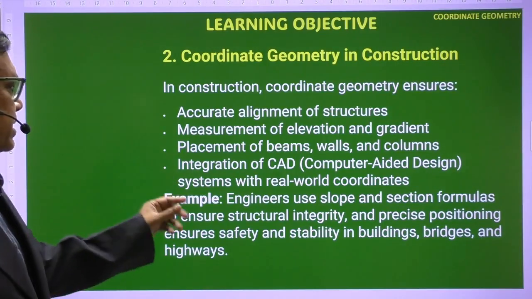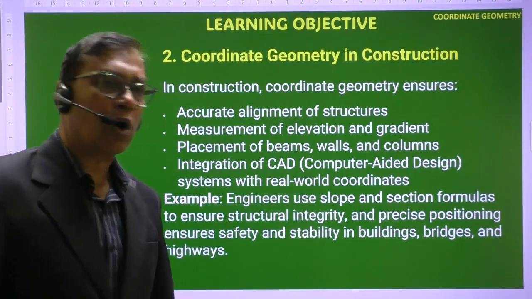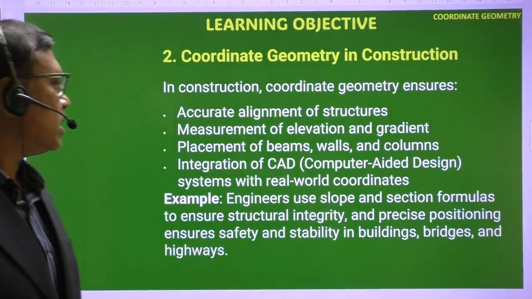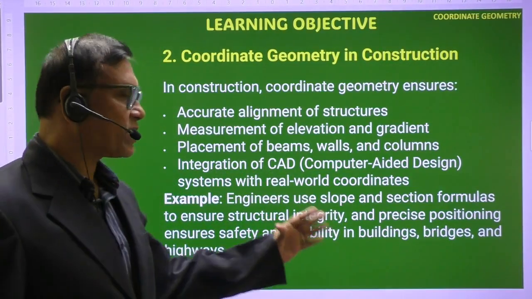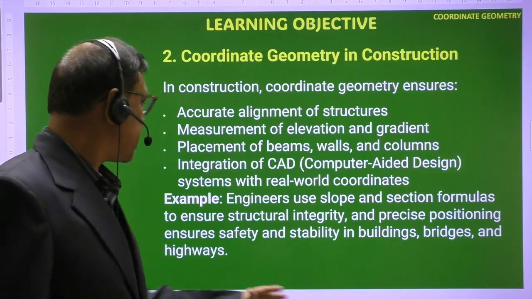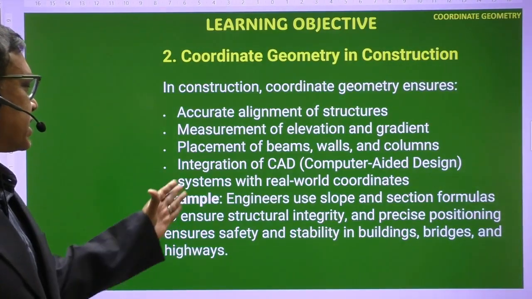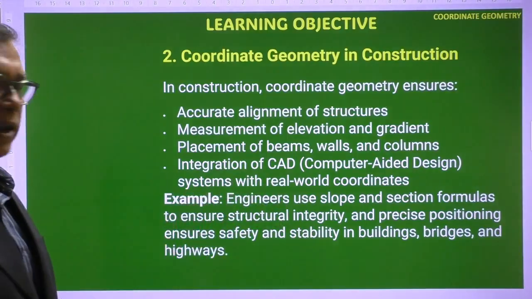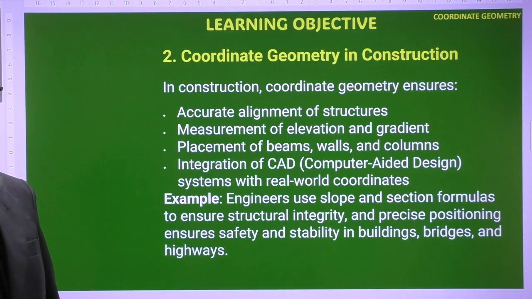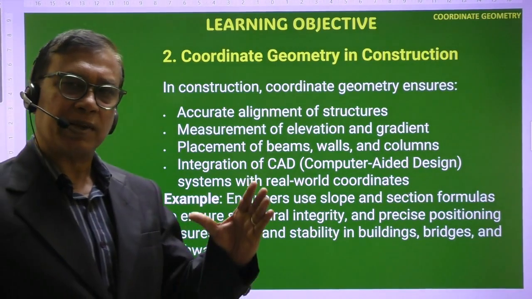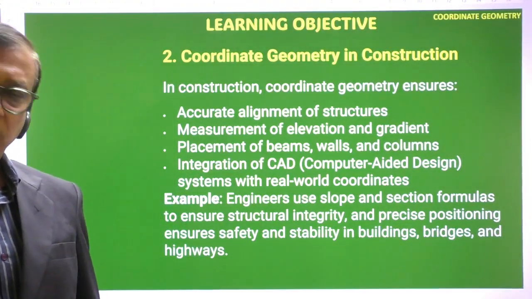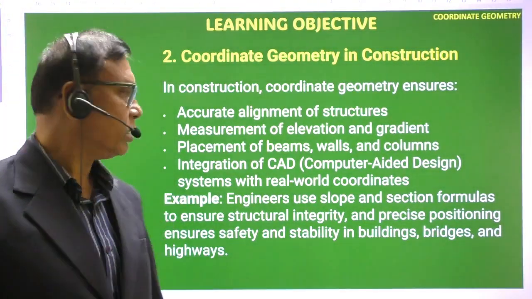For example, I can say engineers use slope and section formula to ensure structural integrity and precise positionings, ensure safety and stability in buildings, bridges and highways. So how much important this coordinate geometry? I think it is clear to you.